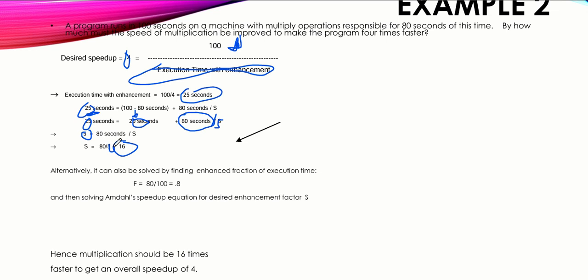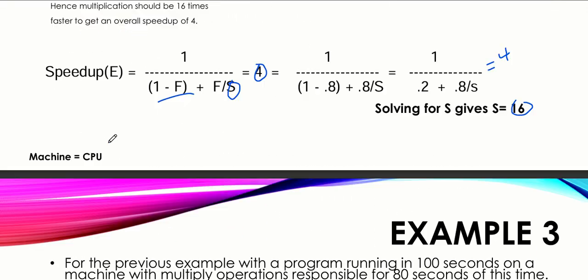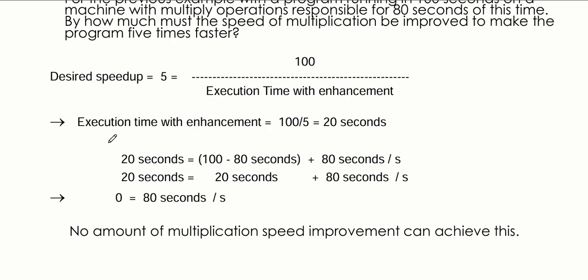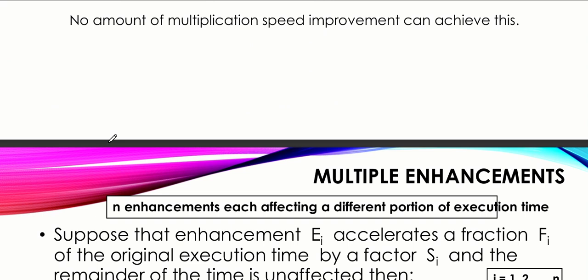Then you get 80 over 0, which is just an assumption, and this means there is no improvement we can make to the multiply instruction to make this same program 5 times faster. So just take note of that. Things like that do happen.